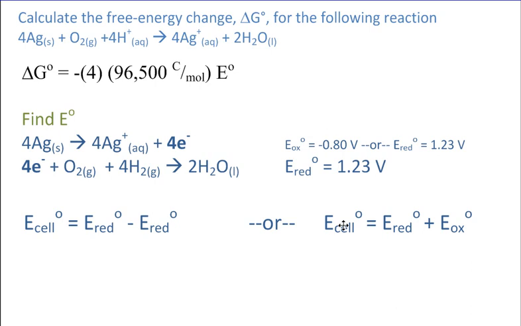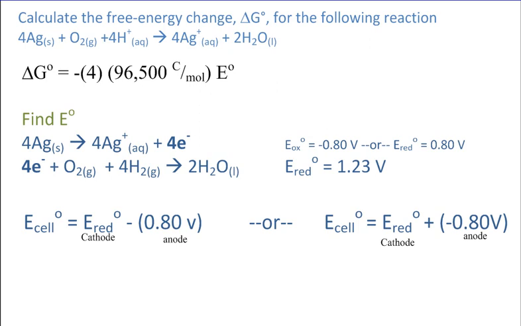But I'll get the same value if I take the original formula I showed you in the previous video and subtract the anode from the cathode. Because you'll see in just a second, it's going to give us the same value. Because in the end, I'm taking the cathode and the anode, and I'm getting the same value. So I'm going to do both at the same time, so you'll watch them both by magic of editing appear at the same time. So I'm going to plug in the cell potential of the anode into both of these.